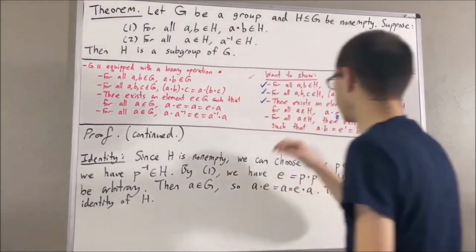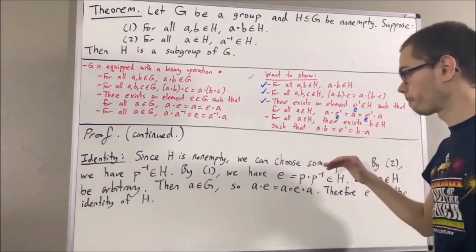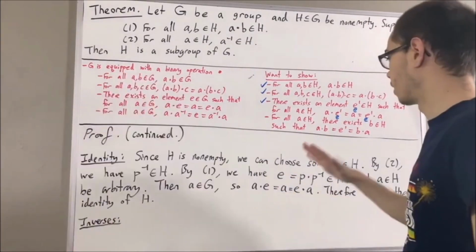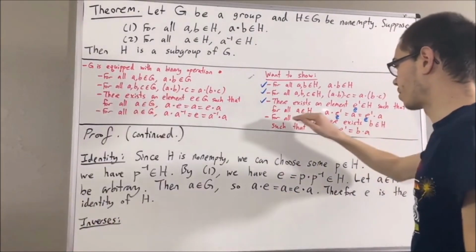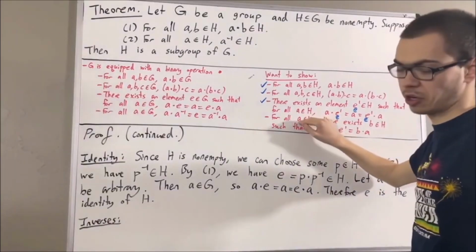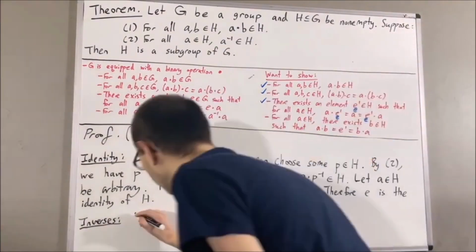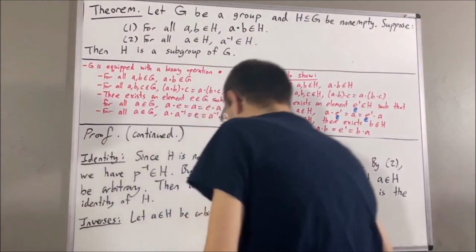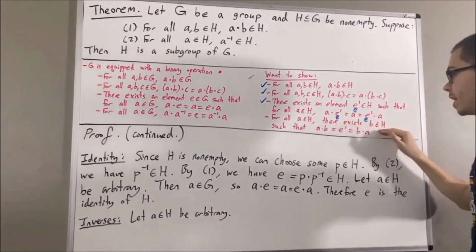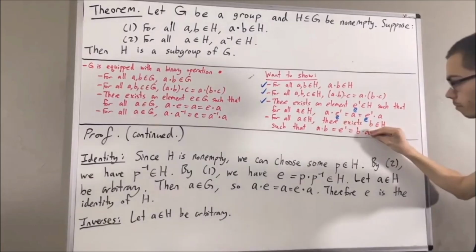Finally, let's show that every element of H has an inverse. And to do that, since we're trying to prove a statement about every element of H, let's give ourselves an arbitrary element of H, call it A. And the whole goal is to find an element in H with this property.